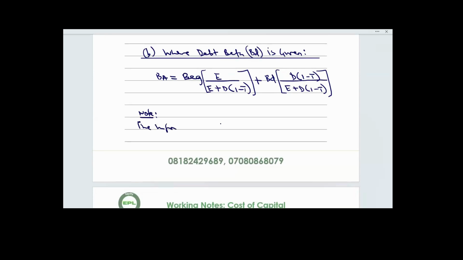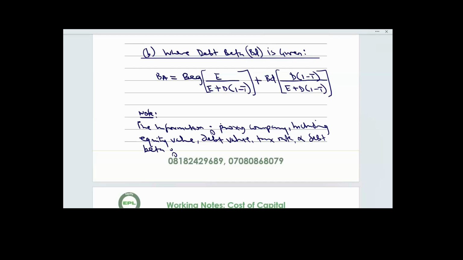The information of the proxy company, including equity value, debt value, tax rates, and debt beta should be used.